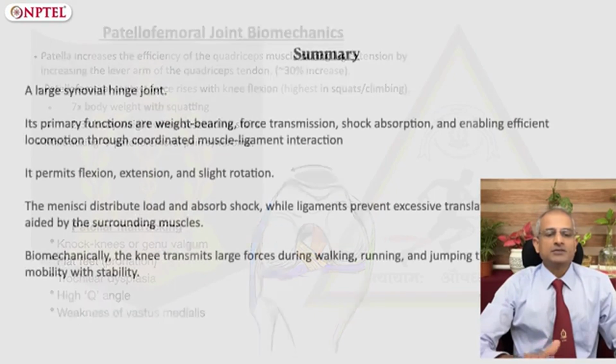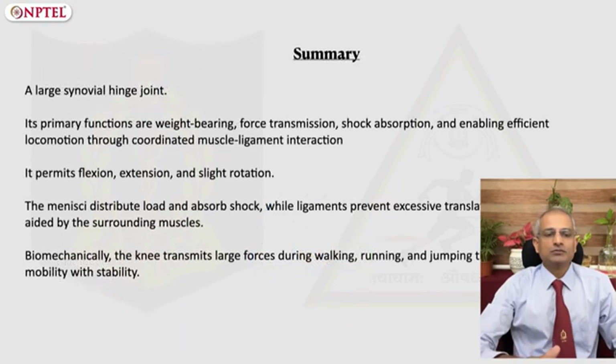To summarize what we have learned till now, the knee is a large synovial hinge joint. Its primary functions are weight bearing, force transmission, shock absorption, and enabling efficient locomotion through coordinated muscle-ligament interaction. It permits flexion, extension, and slight rotation.